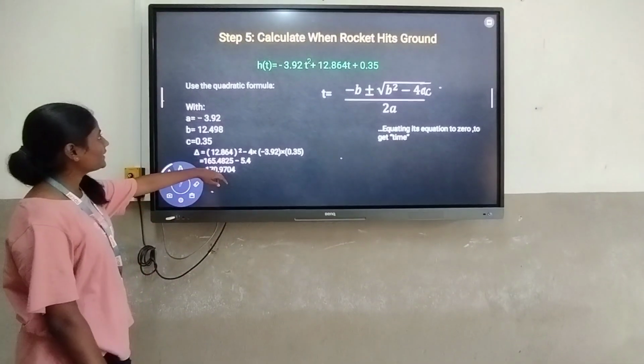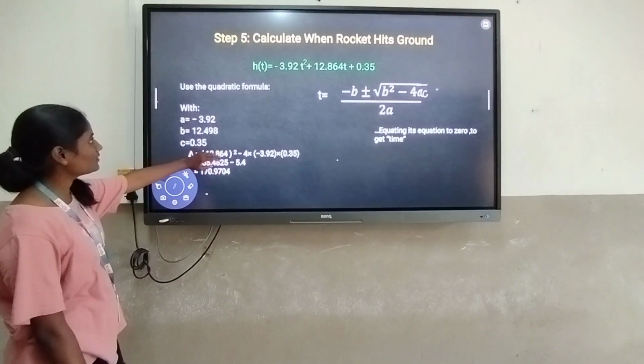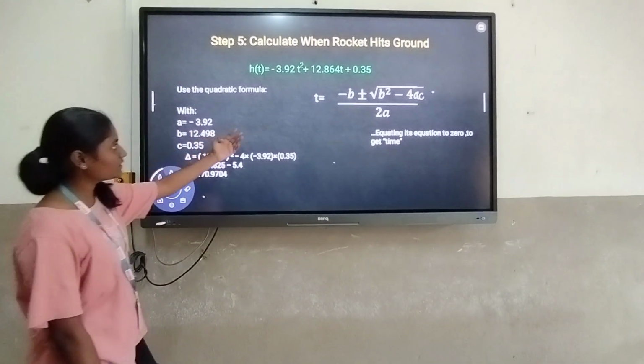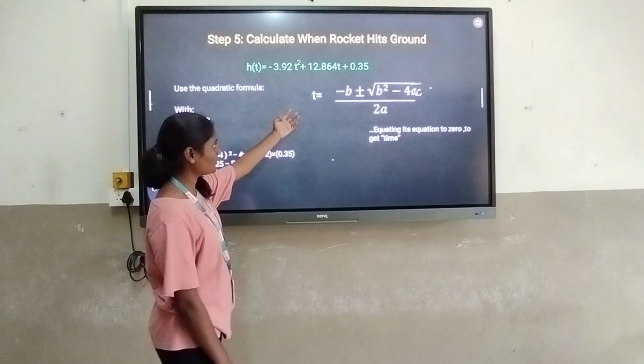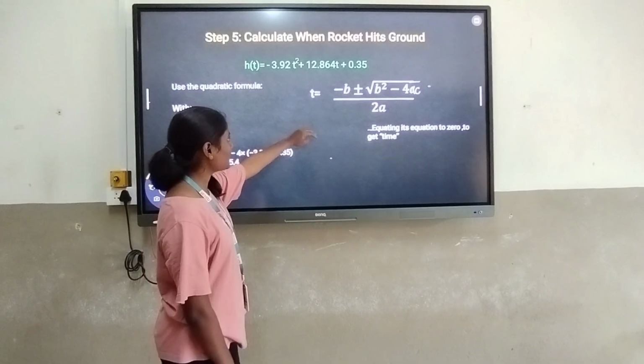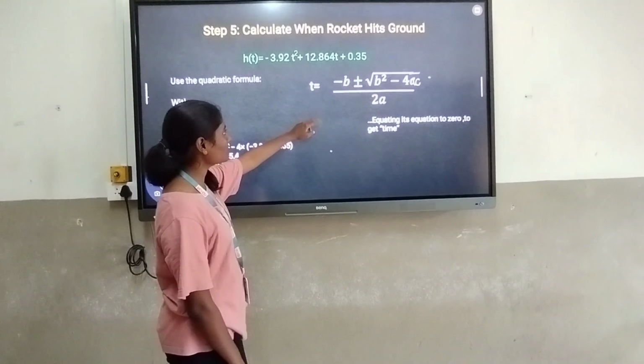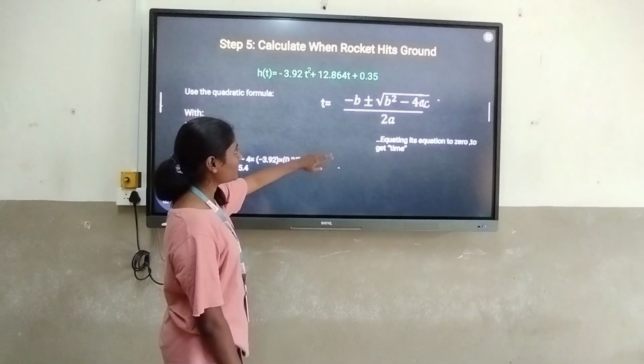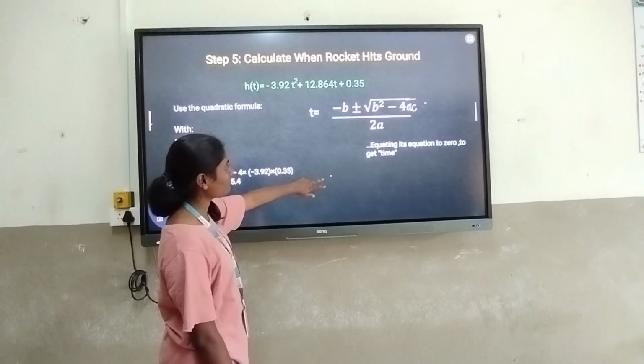By using the quadratic formula, with the values of A, B, C, we can put the values in the formula: t is equal to minus b plus or minus the square root of b squared plus 4ac, divided by 2a.